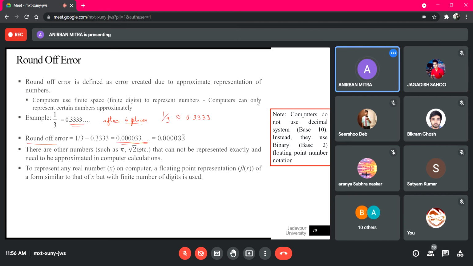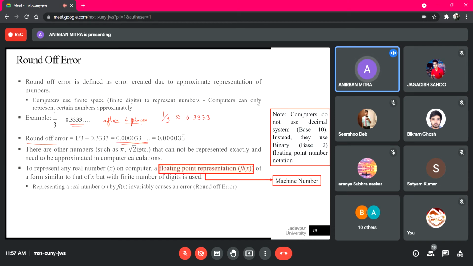In computer, it is represented as 0.3333. So it is of a similar form, but with a finite number of digits, not an infinite number of digits. And as a result, you have round-off errors. Now, this floating point representation, fl(x), is also known as machine number. We will talk about floating point representations and machine numbers in quite a bit of detail in the next lecture.